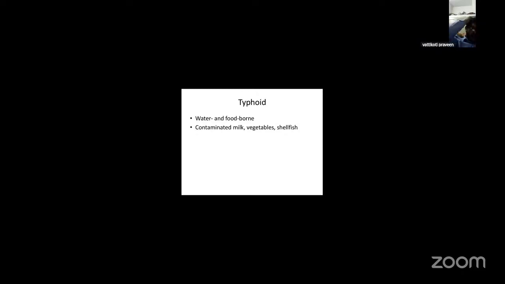What are the typhoid transmission sources? Typhoid infection happens when a person consumes food or water contaminated with fecal matter containing the bacteria. A common source is contaminated milk. Milk can become contaminated through improper handling, mixing with contaminated water, and unhygienic storage of milk and water.